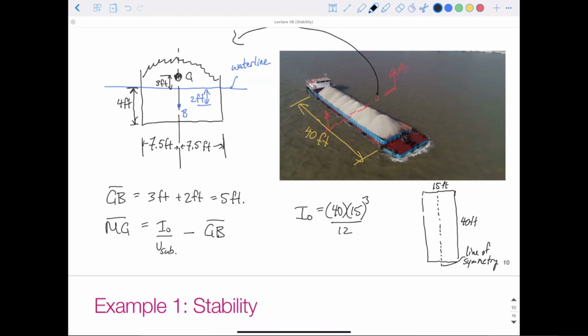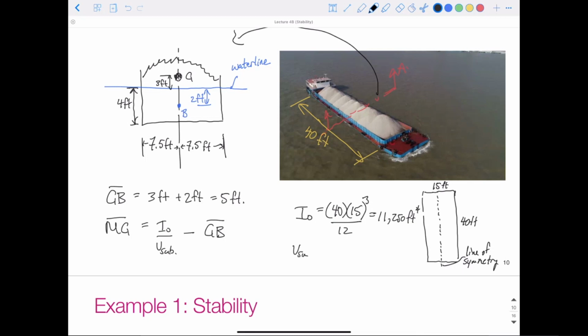So the 15-foot dimension is the one that is cubed, because that puts more of the boat further away from that tilt axis. So it's 40 times 15 cubed divided by 12, which is equal to 11,250 feet to the power of 4.